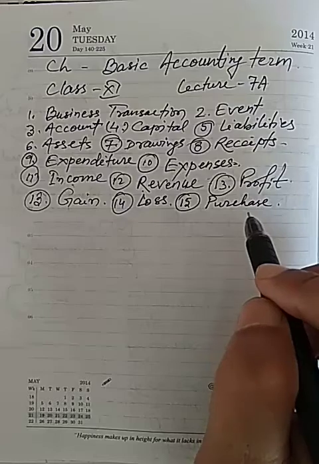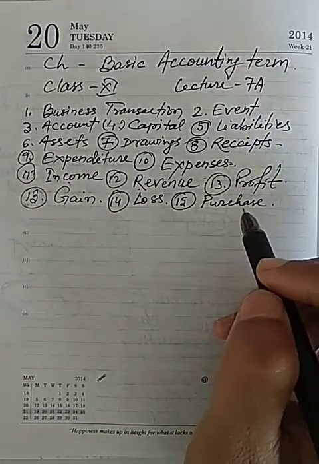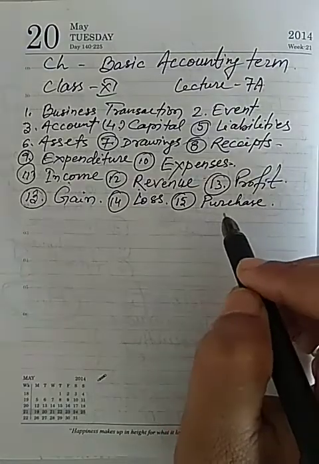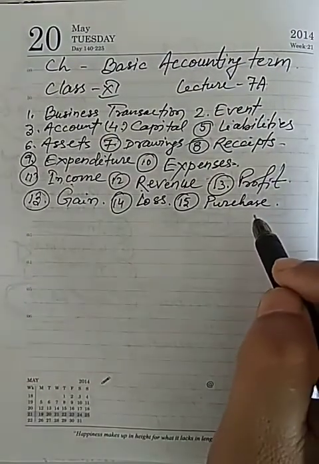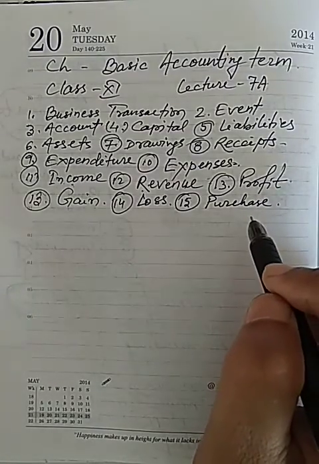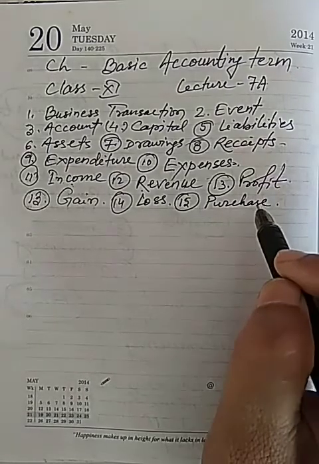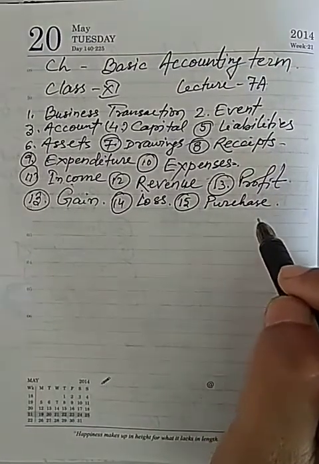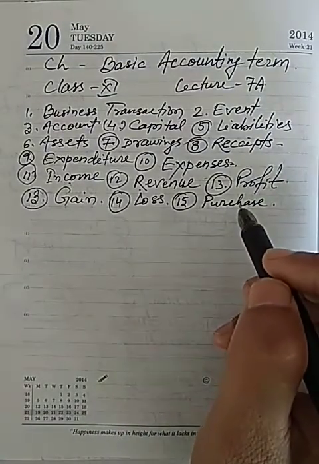In case of a manufacturing concern, goods means acquiring of raw material for the purpose of conversion into finished product and then sale. In case of a trading concern, goods are those things which are purchased for resale.